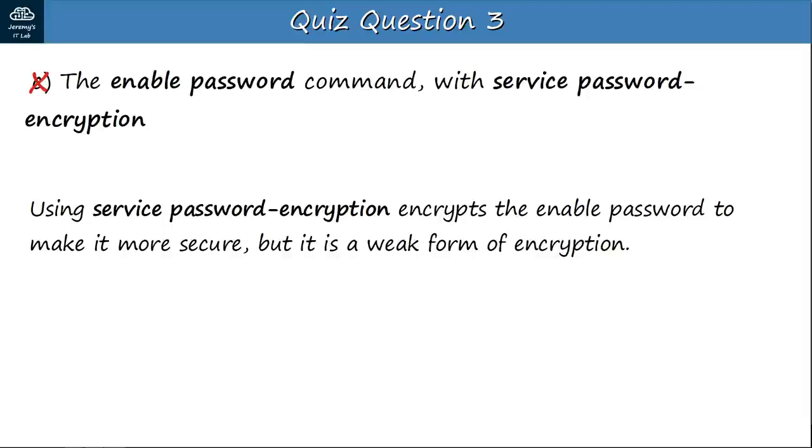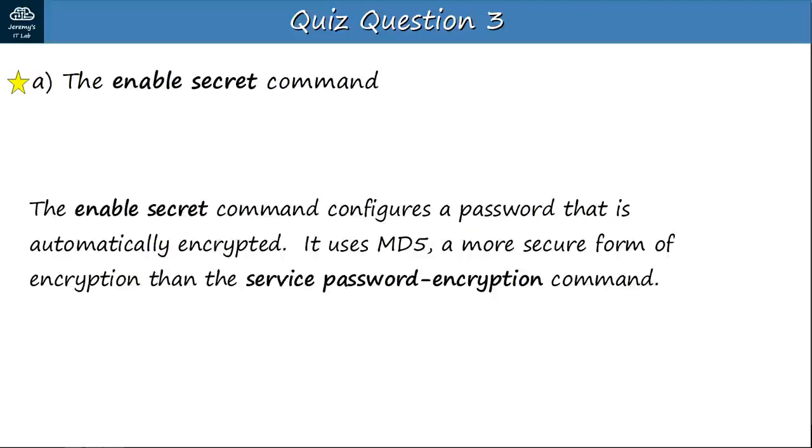So C, enable password with service password encryption, is incorrect. The enable secret command configures a password that is automatically encrypted. It uses MD5, a more secure form of encryption than the service password encryption command. So A, the enable secret command, is the correct answer. Let's go to question 4.